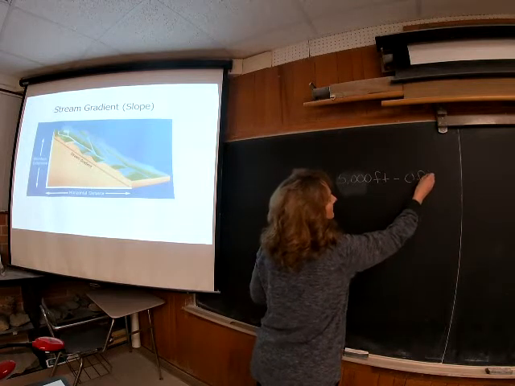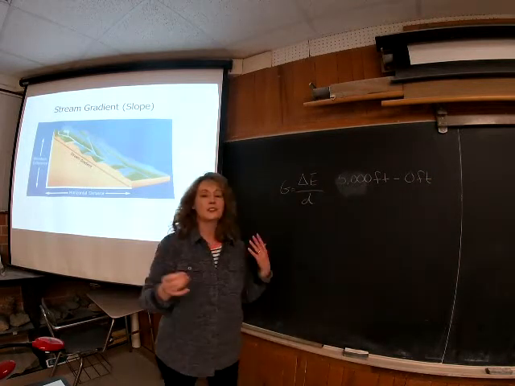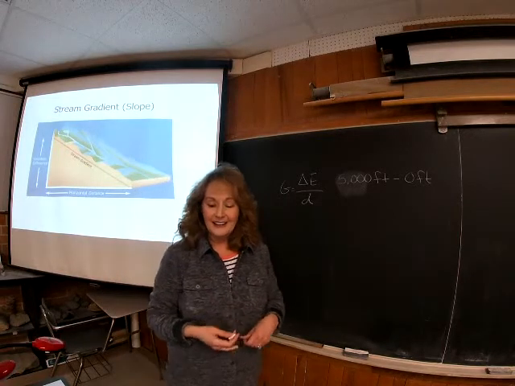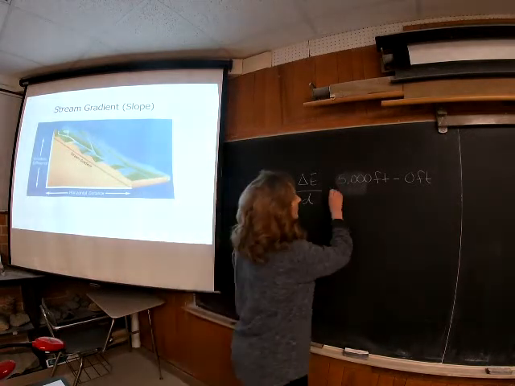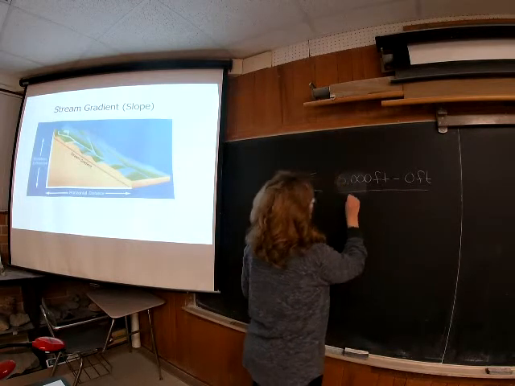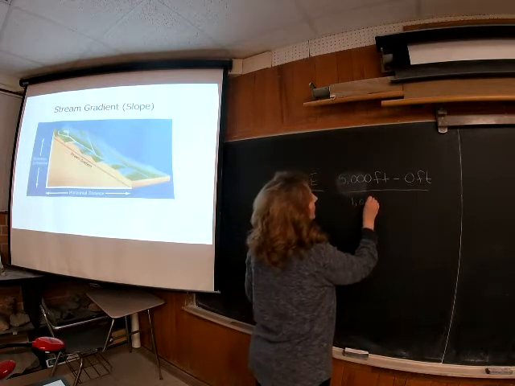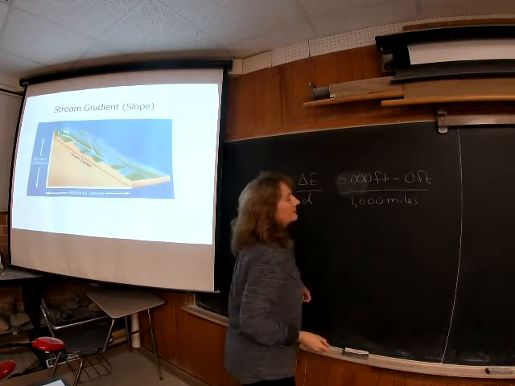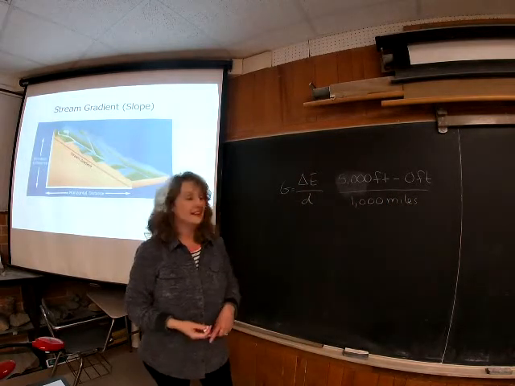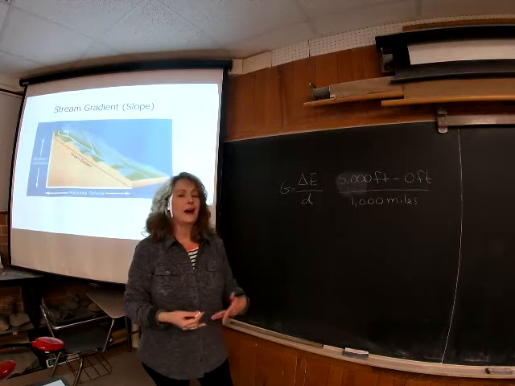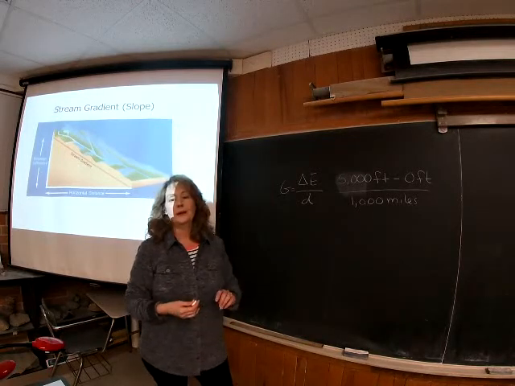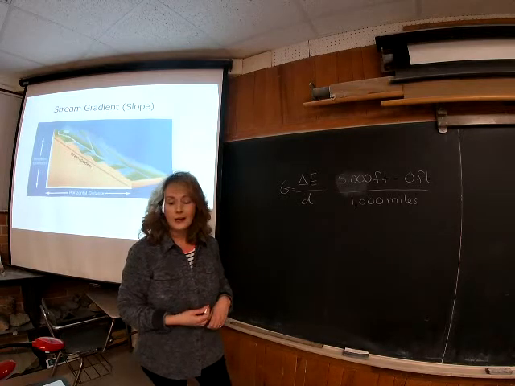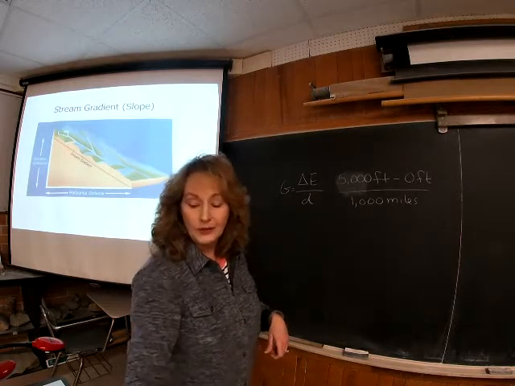It doesn't always have to be 0, but just for ease, we'll call it 0. And let's say it went over a distance of 1,000 miles. We'll put that in miles. You could certainly have that in a metric unit as well. But feet per mile would be what the unit would be for gradient. So many feet per mile is the unit you would see.